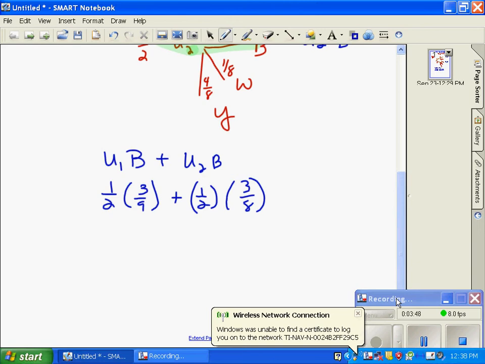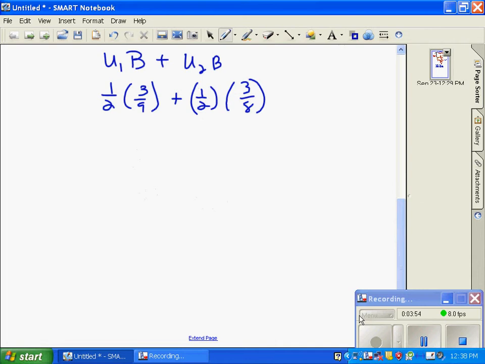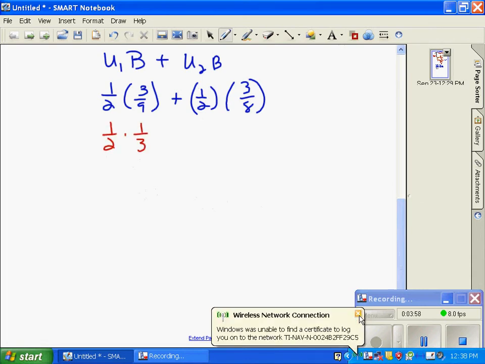Now on these that I'm asking you to go ahead and find the actual answer, I would definitely reduce these fractions. So I'd get 1/2 times 1/3 plus 1/2 times 3/8, which is 1 over 6 plus 3 over 16.